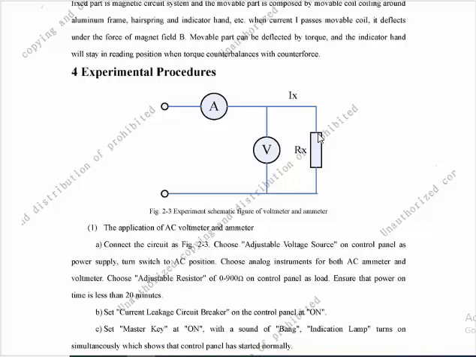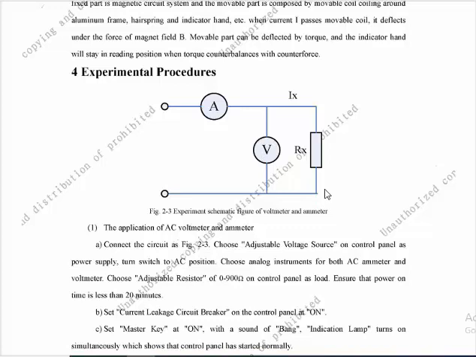So this is the live connection of the circuit, or the wiring diagram. So let's see the neutral. So this is the neutral. The neutral doesn't have any connection with the ammeter. So you tap from the source, it goes to the voltmeter. Then you tap from the voltmeter to the adjustable resistor.